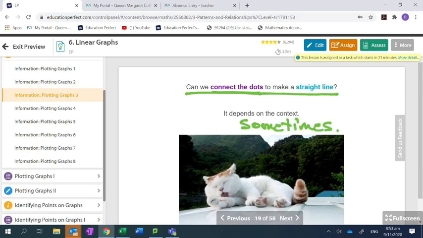Should we just write you cannot always connect the dots to make a straight line? Well, sometimes you can connect the dots. Sometimes you can't. Because every time you plot those, notice that it was representing a whole number. Now, there's a reason that there's a cat there. So let's say we were plotting a thing with a cat on it.